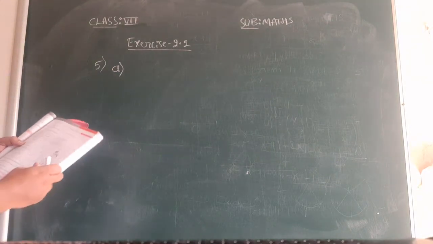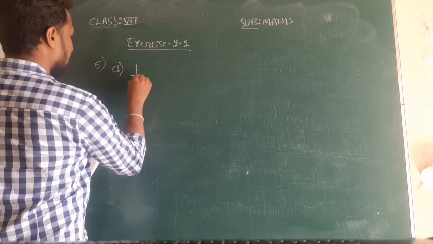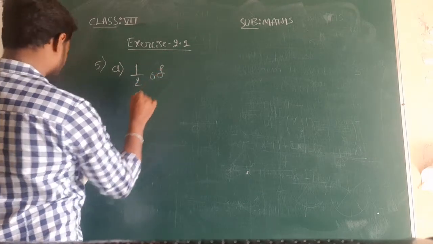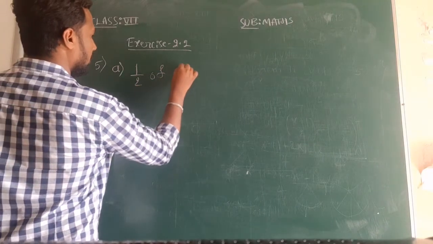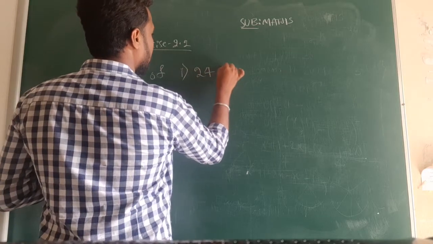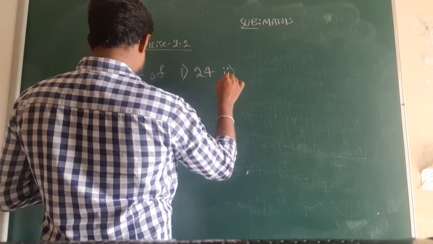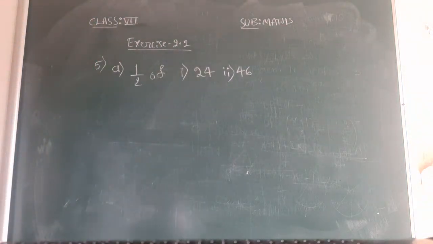You have to find 1 by 2 of the first question, that is 24, and the second question, that is 46. Now we have to find out 1 by 2 of 24 and 46.